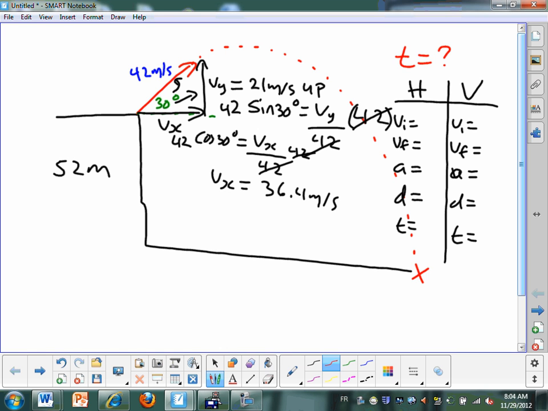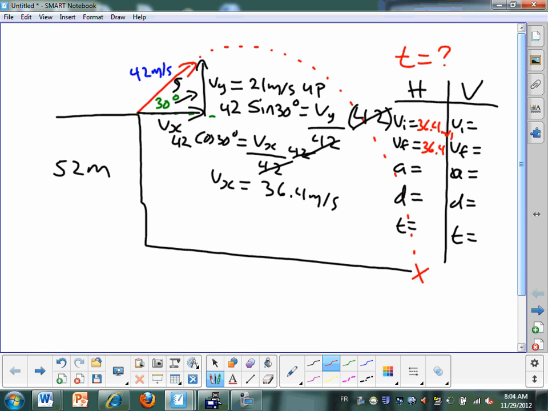Let's look at the horizontal direction. The horizontal direction, my initial velocity we calculated was 36.4 meters per second. Now, the horizontal velocity in a projectile stays the same the entire journey, assuming that there's no air resistance, which would make my final velocity 36.4 meters per second.